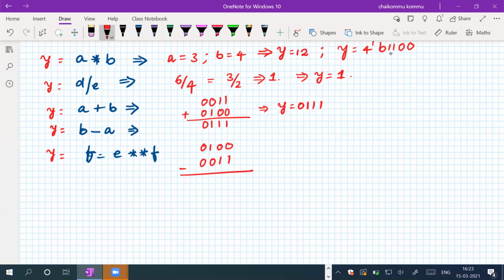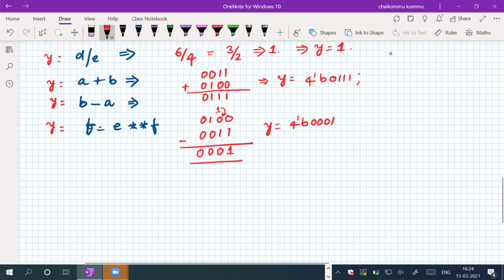So 1 and 0 becomes 1, and 1 and 1 is 0, and so on. This is the value that we have. Y is equal to 0001, also in the form of number representation, a 4-bit value. So that's it.